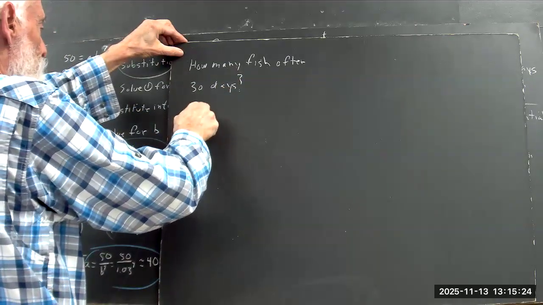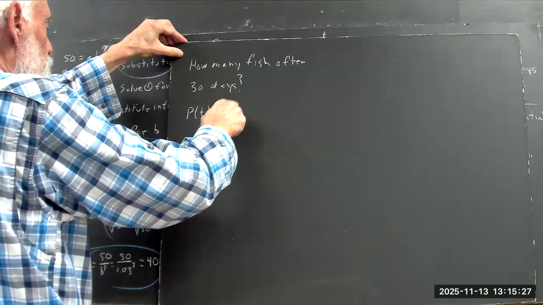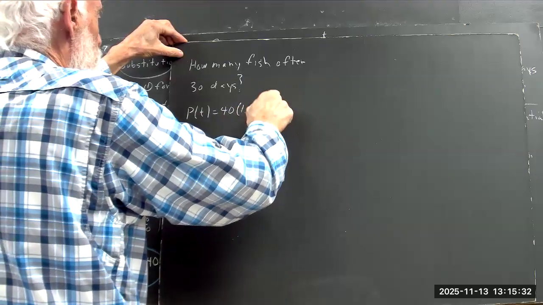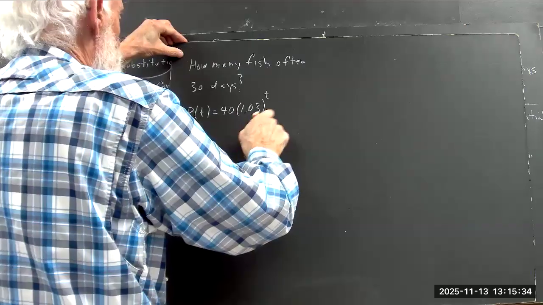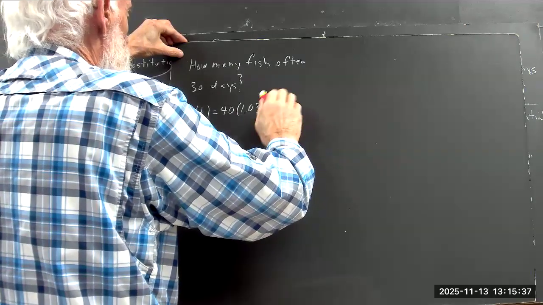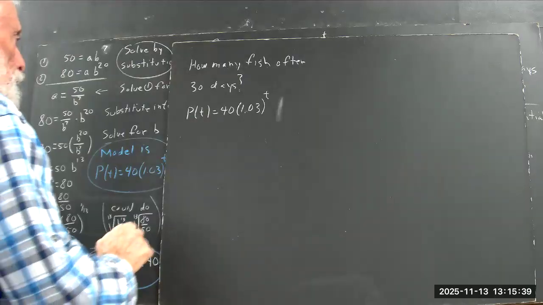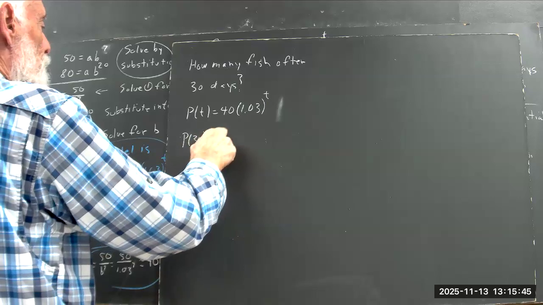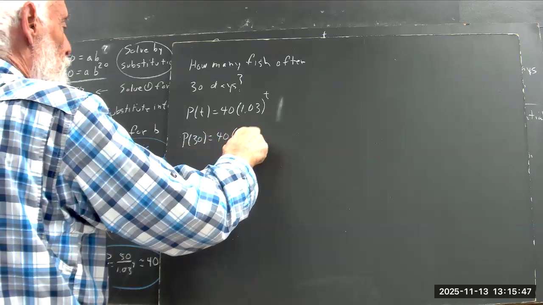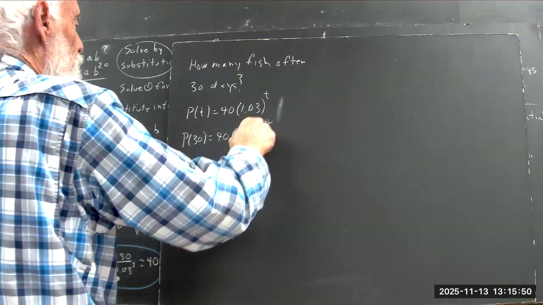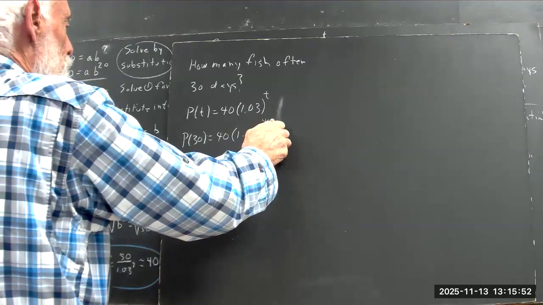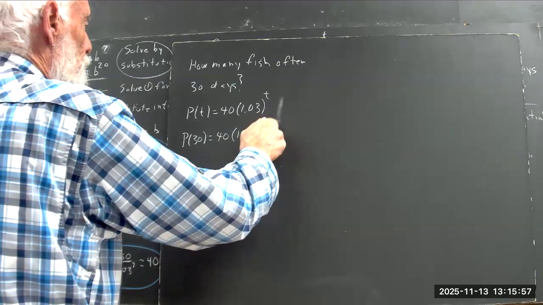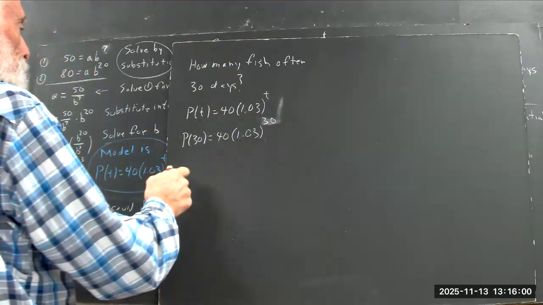Well, P of T equals 40 times 1.03 to the T. So P of 30 equals 40 times 1.03 to the 40th. To the 40th, no, it's to the 30th, because we're talking 30 days.